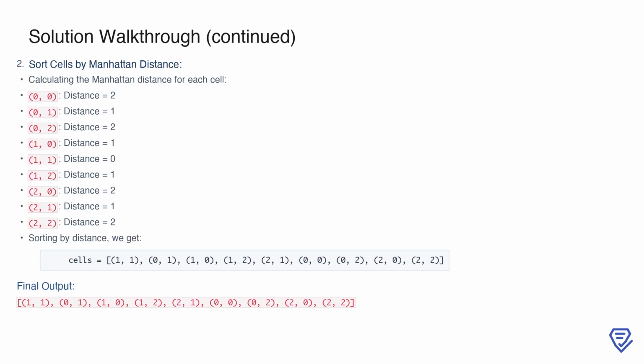Again, we calculate the Manhattan distance for each cell relative to the center. For instance, the distance for (0, 0) is 2, while the distance for (1, 1) is 0 because it is the center. Once all distances are computed, we proceed to sort the cells by these distances.